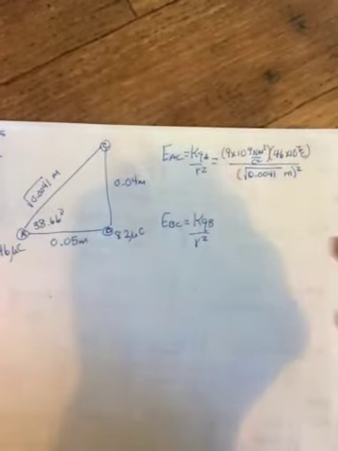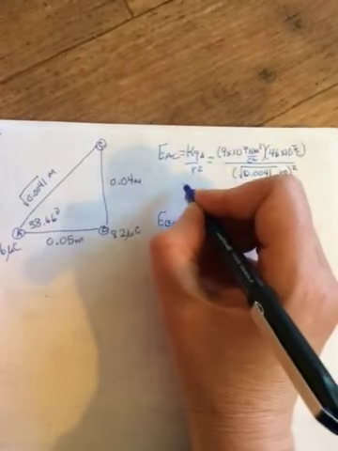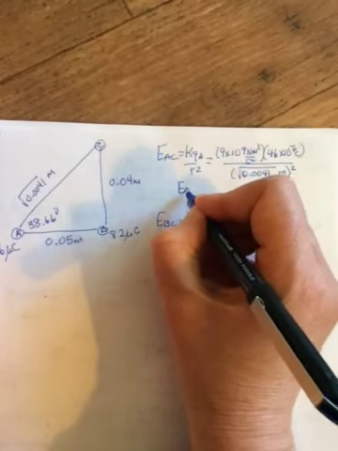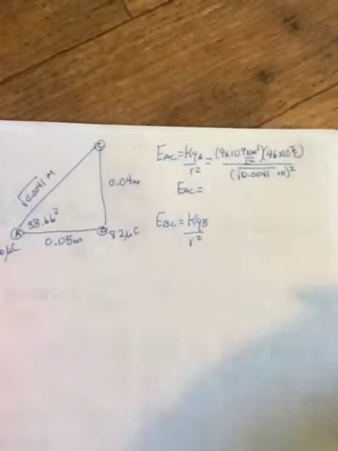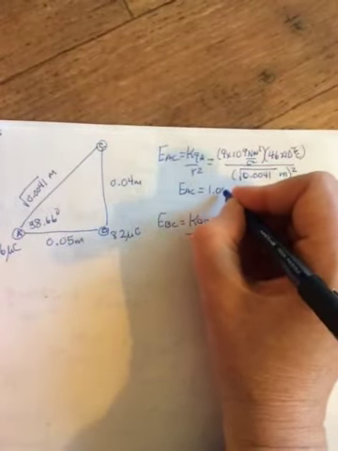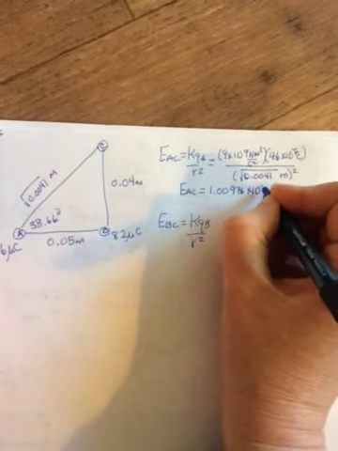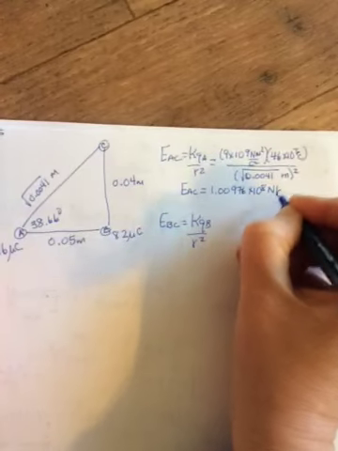Okay, so it's not just 41 because we had to change it to meters, right? And when you do this, you get EAC to be 1.00976 times 10 to the 8th newtons per coulomb.